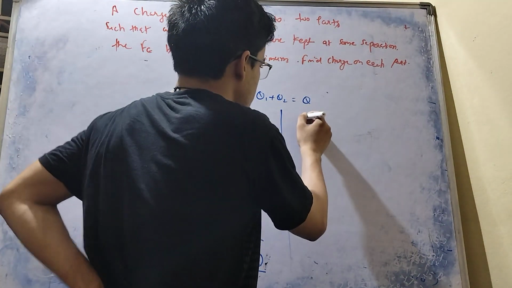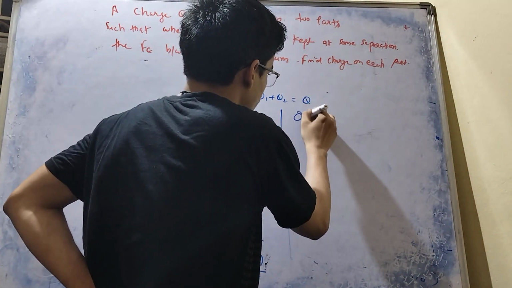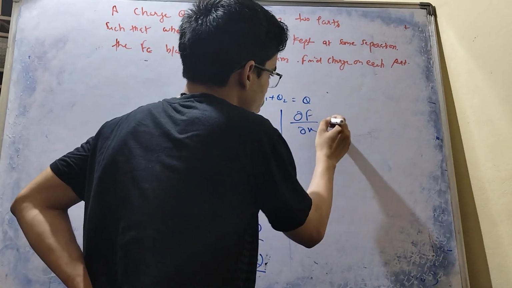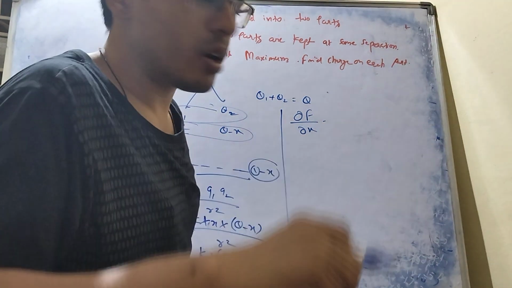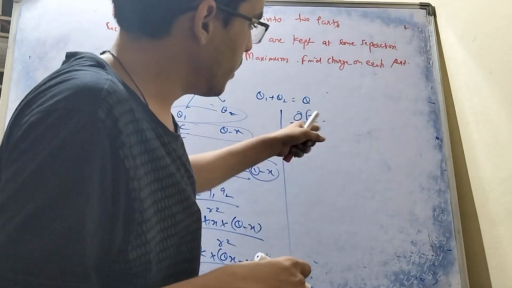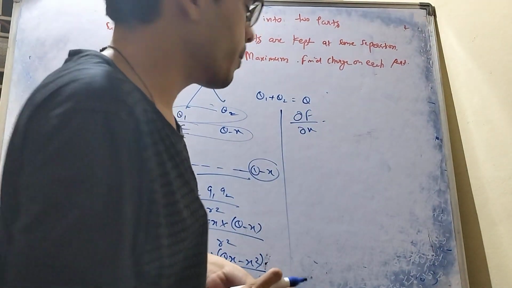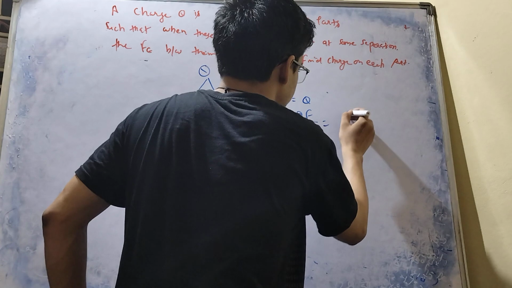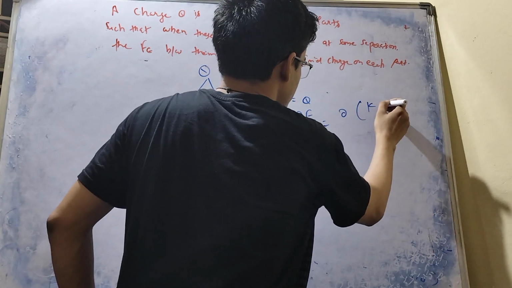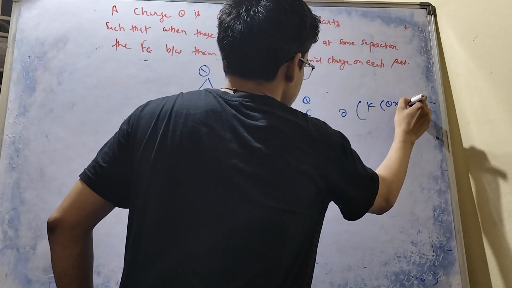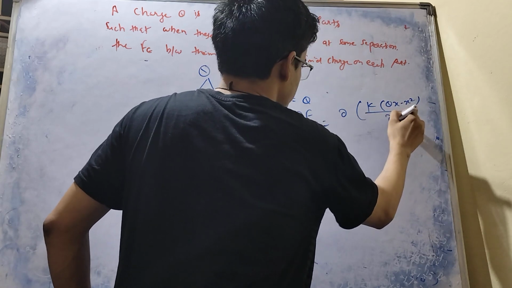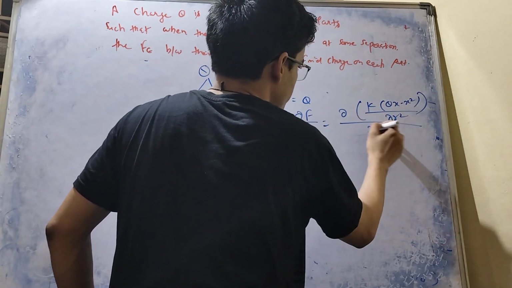So in case of maximum, I just write dou F by dou X. Why not dou R? Because I just want to calculate the X value. I will assume here X is the variable. Understood? So this will be the differentiation of K(Qx minus X square) upon R square with respect to dx, right?